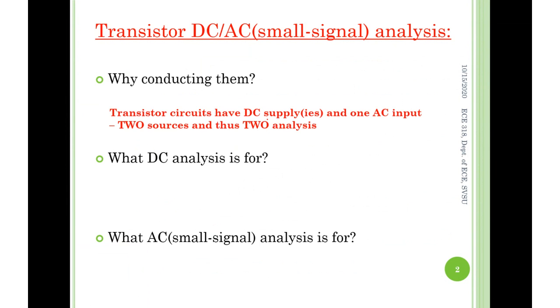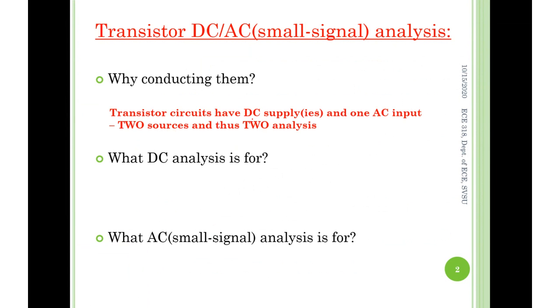Besides the DC supply, we also have an AC input source, VI. Remember in today's lab? So we always have a DC supply and an AC input. Therefore, two independent sources, and we need to conduct the analysis separately, one source at a time. When you have positive and negative DC supplies, we can do the DC analysis one time to cover both.